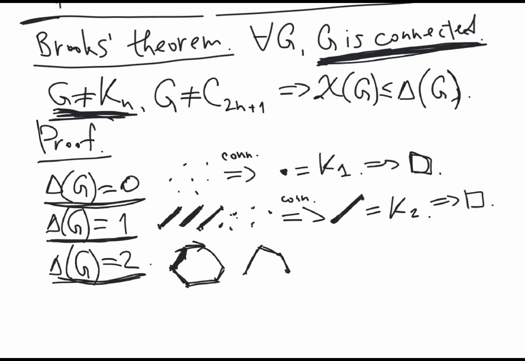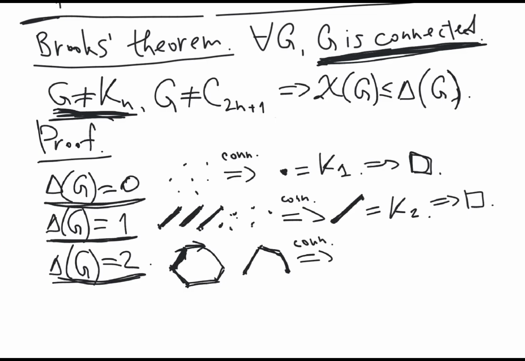So basically we have a collection of components, where each connected component is either a cycle or a path. But because it is a connected graph, we have only one connected component.